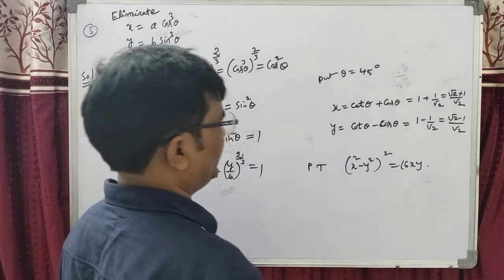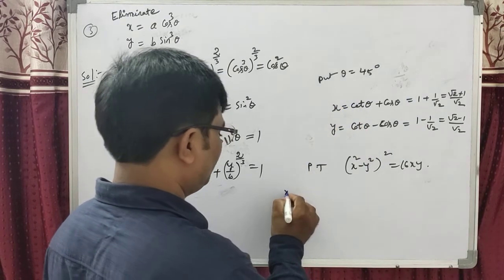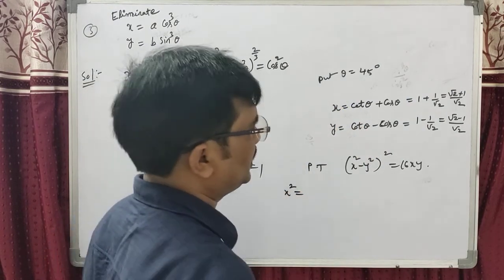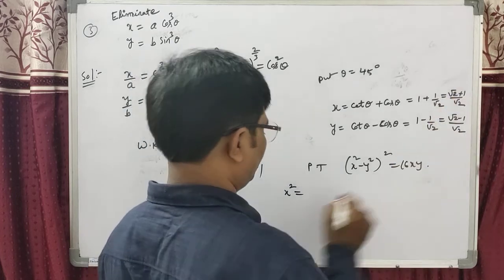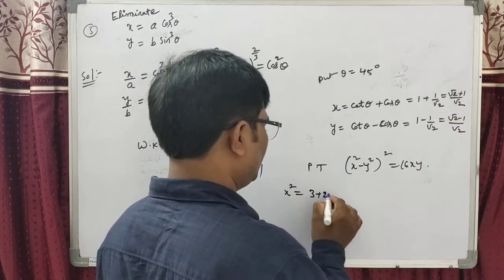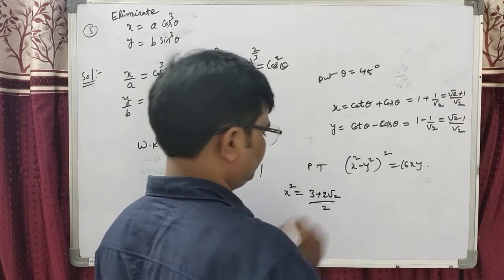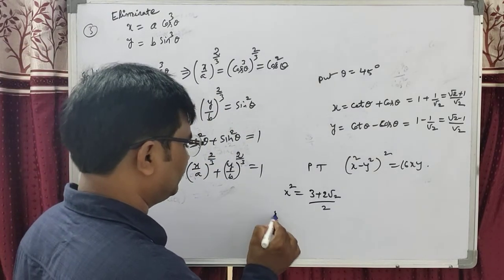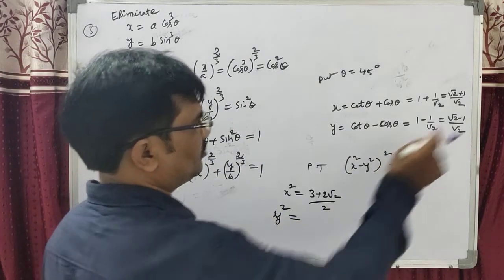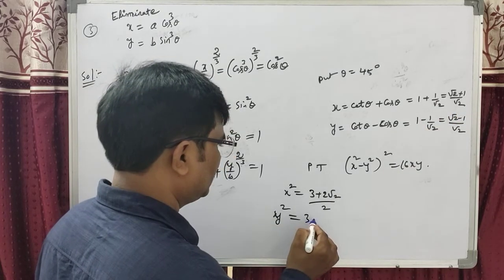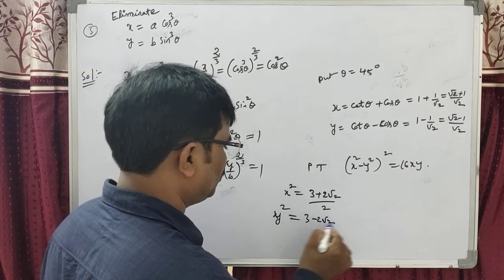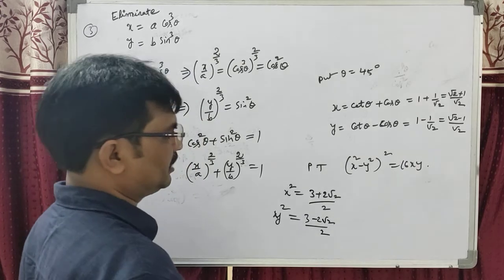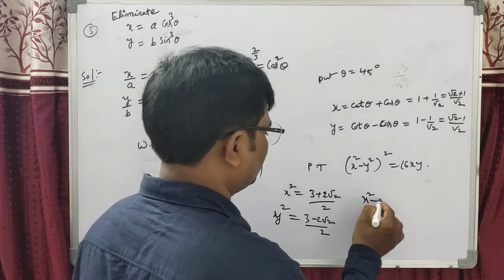Dear students, x square, simply we can write, is a square plus b square, that is 3, plus 2ab, that is 2 root 2, by 2. This is the x square. Now, students, y square is similarly 3 minus 2 root 2 by 2. Dear students, now x square minus y square.